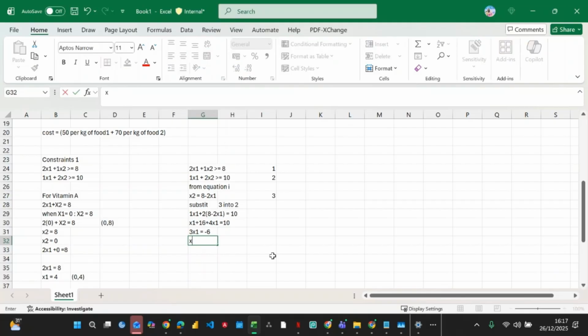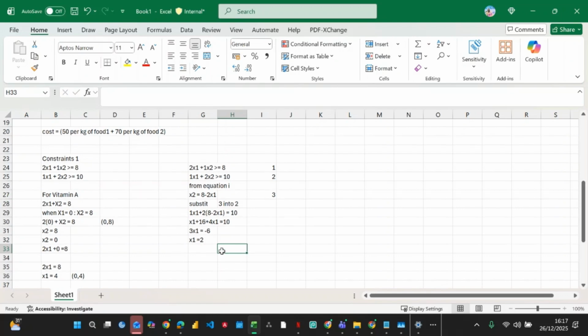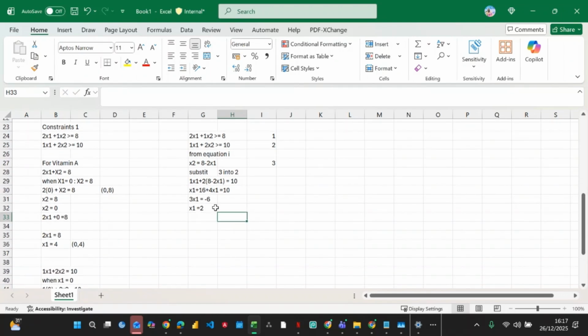So with this, I will now have this equals to 2. This is going to be our x1. So x1 is now equals to 2, right? So I can take equation 1 and substitute this x1 inside to get my x2.